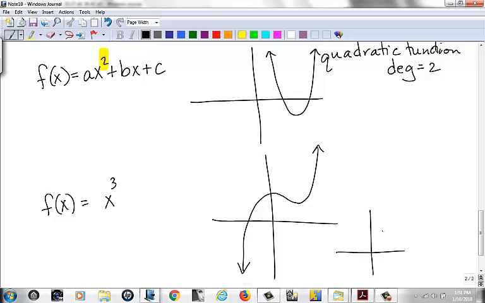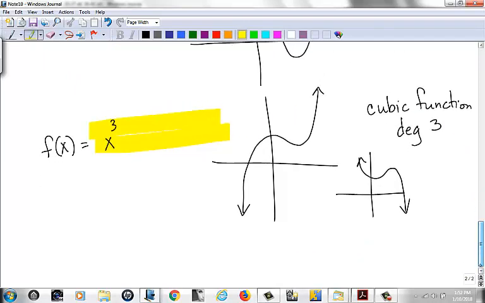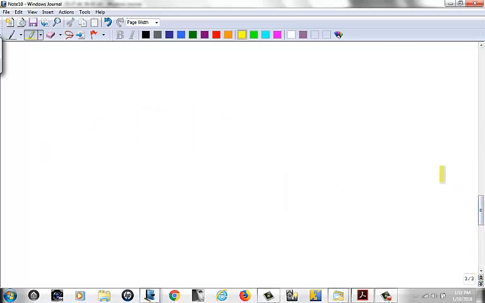Sometimes it will be turned around and look something like this. Okay, but that one is a cubic function, and it's degree 3. Like I said, I'm not writing down the whole thing over here. Okay, just look at the highest degree term. Okay? The next one is an x to the 4th.